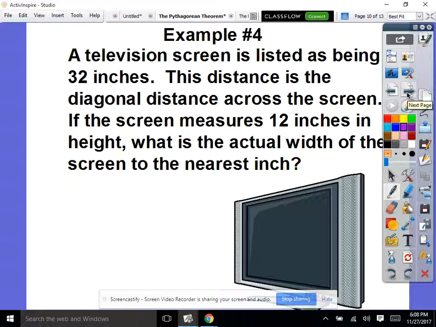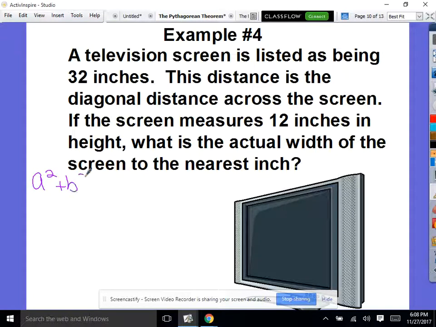So when you're given the hypotenuse, you can use a squared plus b squared equals c squared, but you can also use c squared minus a squared equals b squared. Either one will work. So here we have a television screen that's listed as being 32 inches. This is the diagonal distance, so it's from corner to corner.